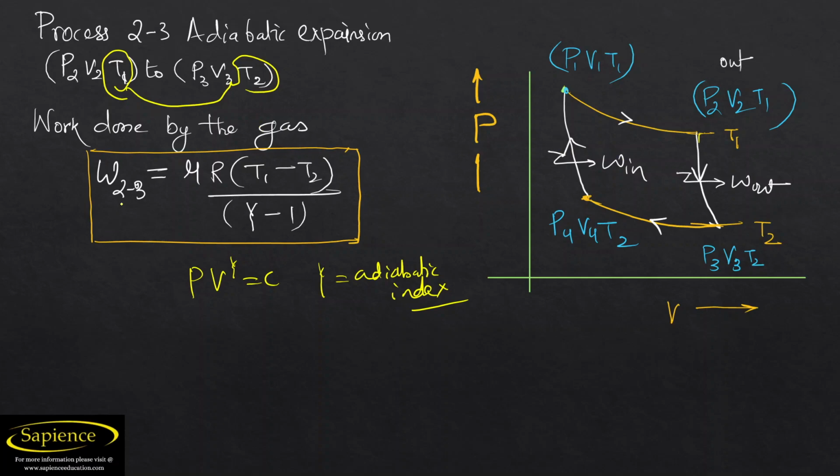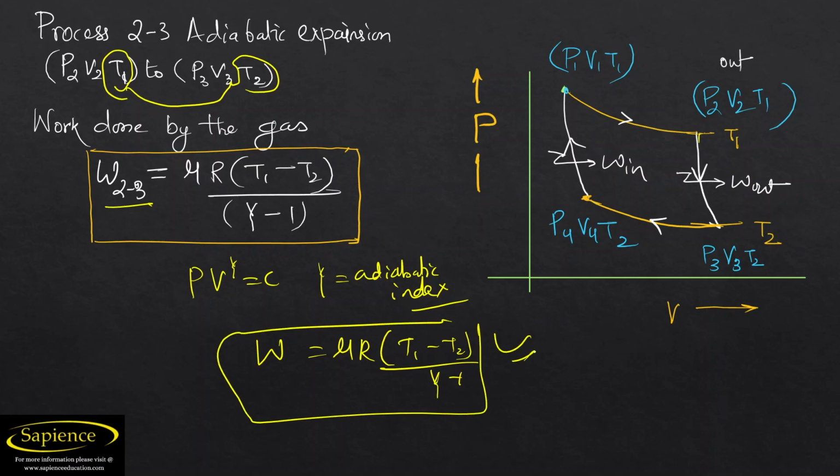As we know, the work done for the adiabatic expansion process, as we have already discussed, is equal to mu R times final and initial temperature difference, work done W is equal to mu R (T1 minus T2) divided by gamma minus 1. If you want to derive this equation, you can go to the previous video. It's an easy one, how to derive the work done in an adiabatic system, with a final temperature and an initial temperature.